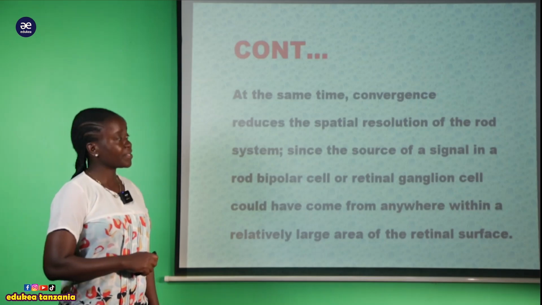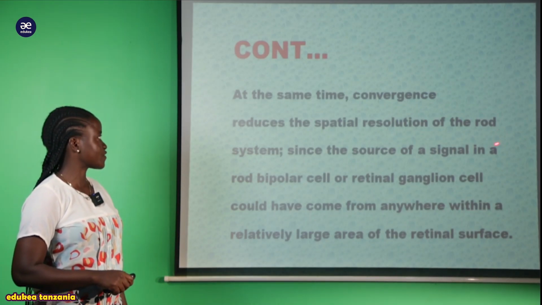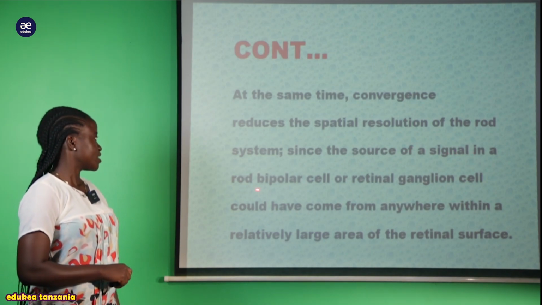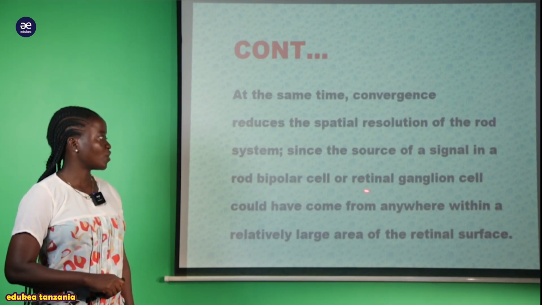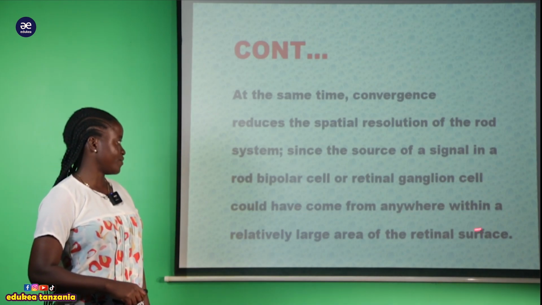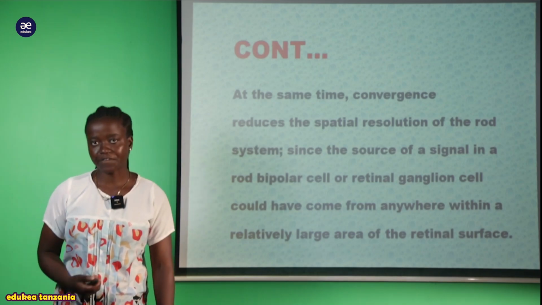So at the same time, convergence reduces the spatial resolution of the rod system, since the source of the signal in a rod bipolar cell or retinal ganglion cell could have come from anywhere within a relatively large area of the retinal surface.